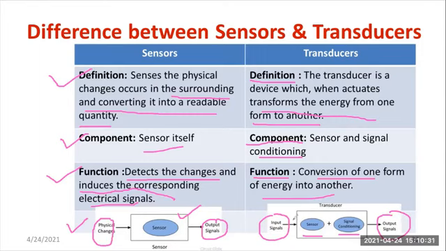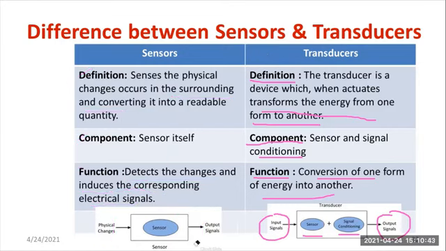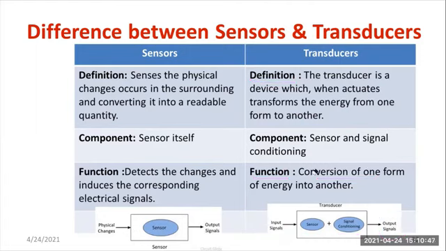The input might be a non-electrical quantity and you get an electrical quantity. That is a speciality of the transducer. So there is a difference in the block diagram also. You can note this difference. This is very important. Sensors and transducers are different, but the sensor is a part of the transducer.